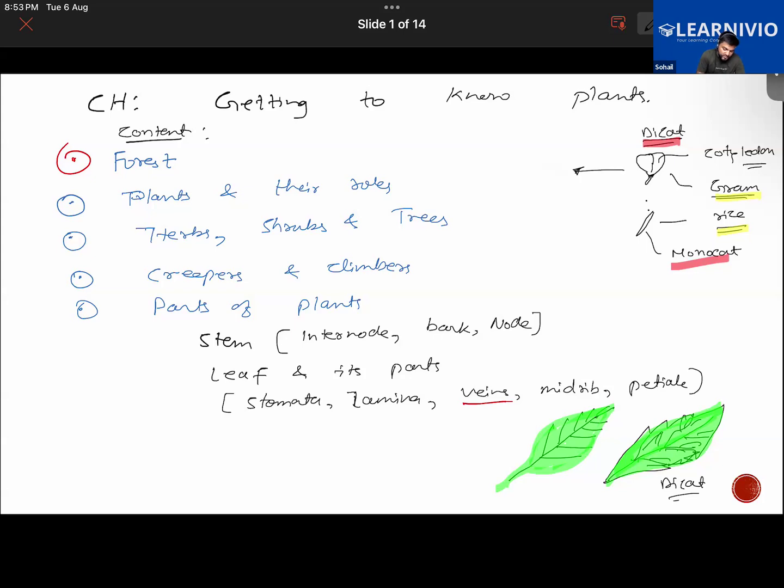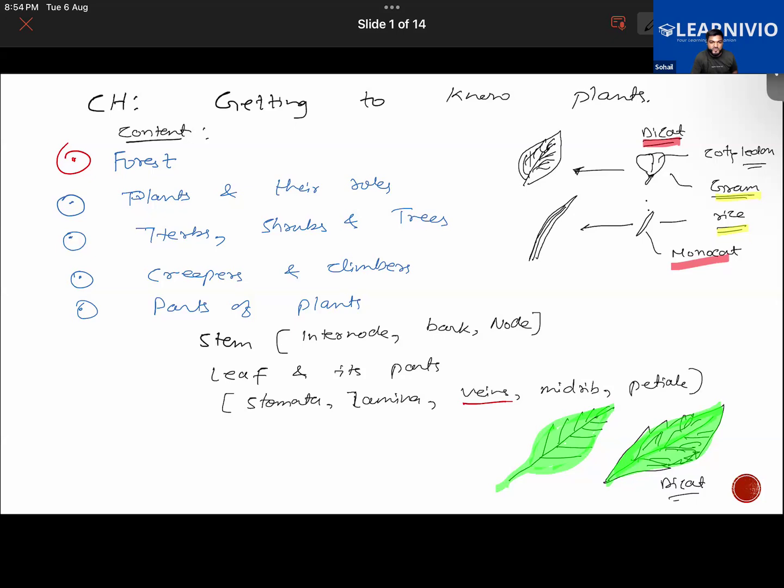So in the leaves of the gram, the veins would be branched. But when you look at the veins of the rice plant, for example, which has a monocot seed, the veins are kind of parallel to each other.